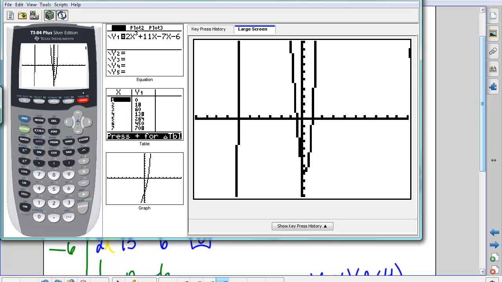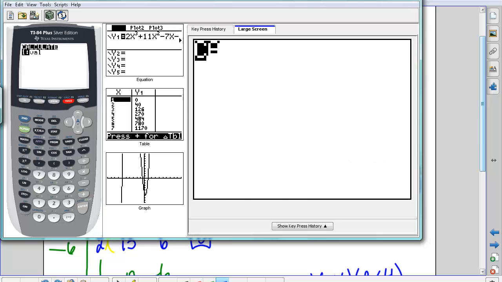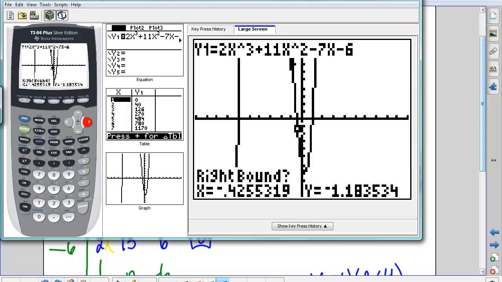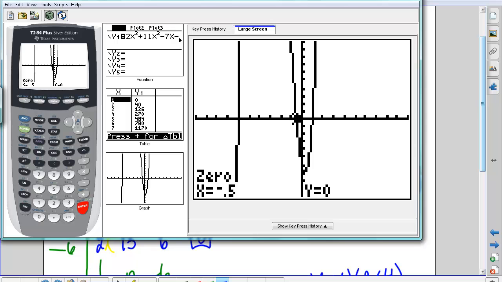What do you see? Well, x-intercepts, right? Where is this thing crossing the x-axis? Well, we learned in the last section we can calculate the zeros. So maybe I want to look at this one that's in the middle here. So let's go to the left above that zero, and then let's arrow to the right below that zero, and we get negative 0.5.